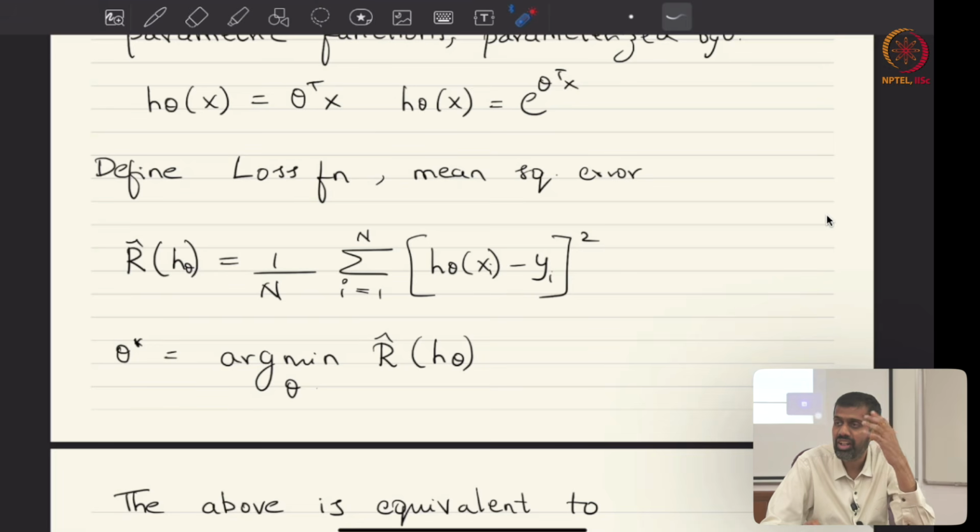For instance, if you are building, let's say, a GPT, then this h theta is a particular type of function called a transformer, and the loss function that is typically used is the cross entropy. I will define it in a while. I will show the equivalence of what distribution we are assuming when we do the cross entropy, but the loss function is called the cross entropy loss function, and you solve ERM.